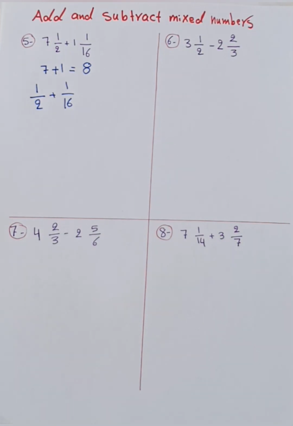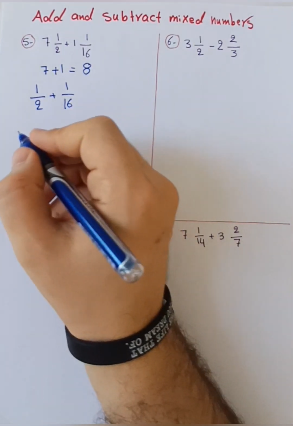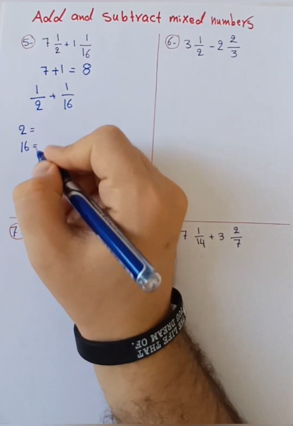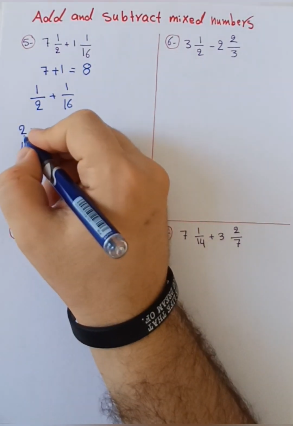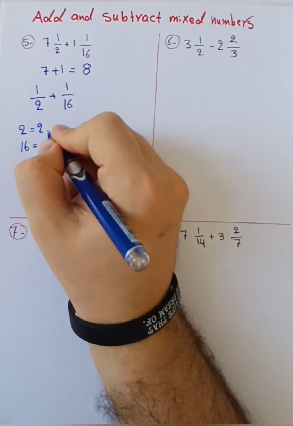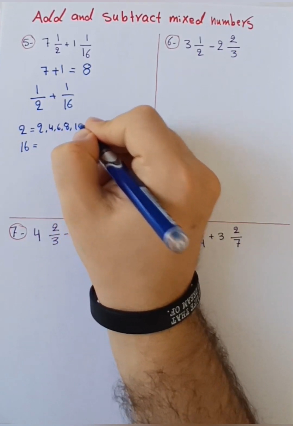We have to find the least common multiple for the denominators. We have 2 and 16. I'm using the all-the-way method, instead of prime factorization. We have to write the first 5 multiples of 2: 2, 4, 6, 8, 10.